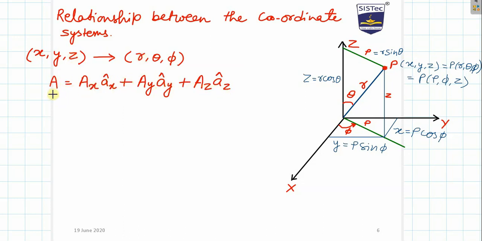Now if you want to convert it into the spherical coordinate system, r theta and phi, then this particular A has to be multiplied, meaning the dot product of this A with ar, a theta, a phi, that is, ax dot ar, ay dot ar, az dot ar, then a theta dot, and so on.